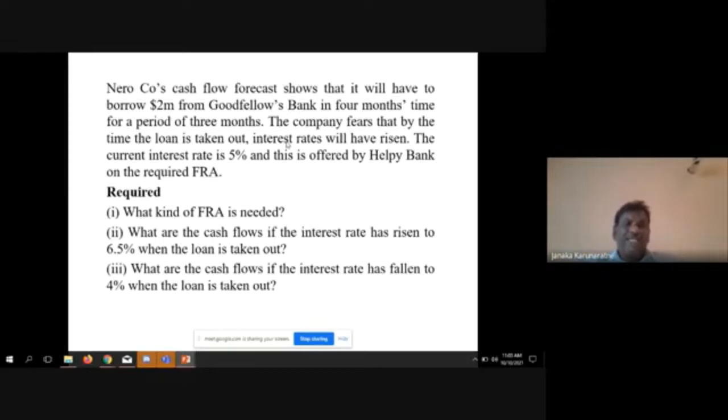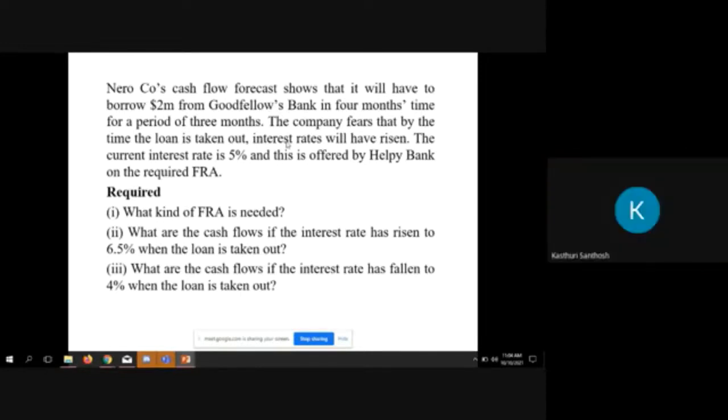What kind of FRA is needed? What is the FRA you need? Four into 3.